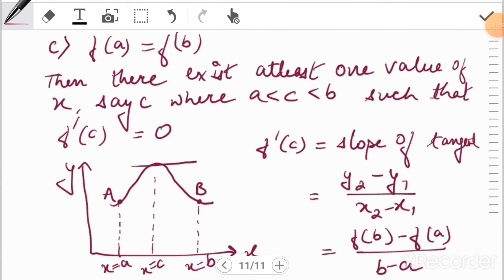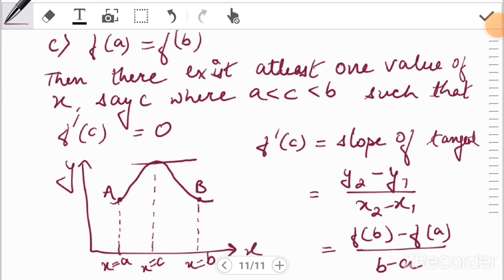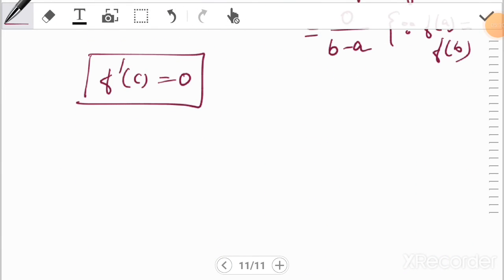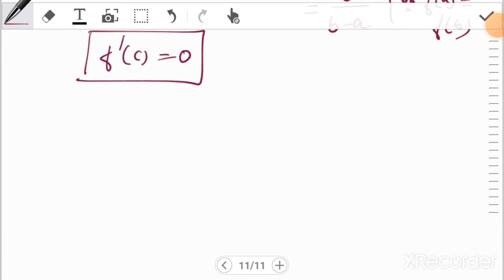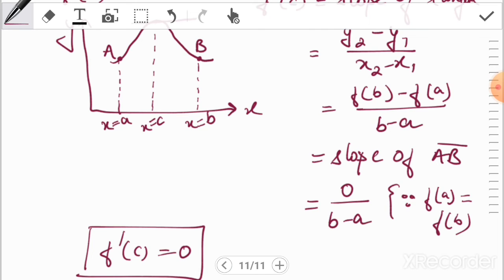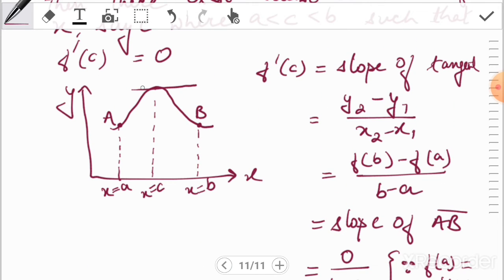Yes? Okay. Rolle's theorem asserts that there is at least one point lying between A and B such that the tangent at which is parallel to the x-axis.